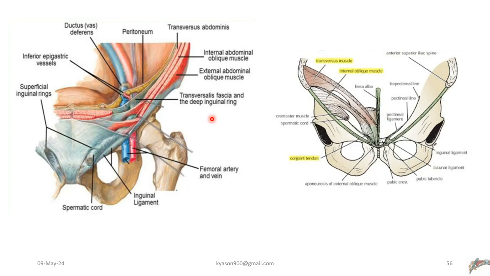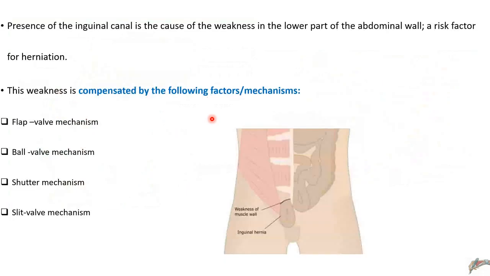So those are the boundaries of the canal. Let's look at a few more points here. Normally, we say that the inguinal canal is going to be a weak spot for herniations to occur.